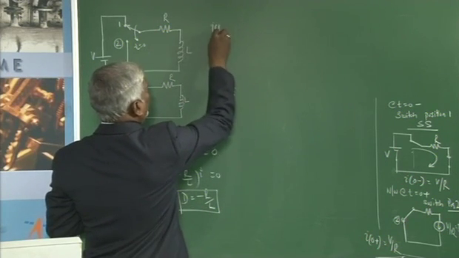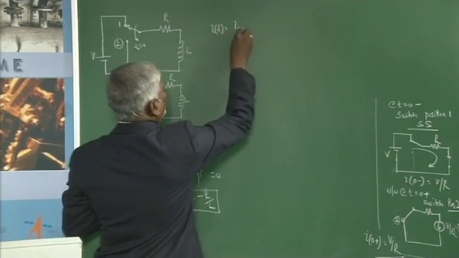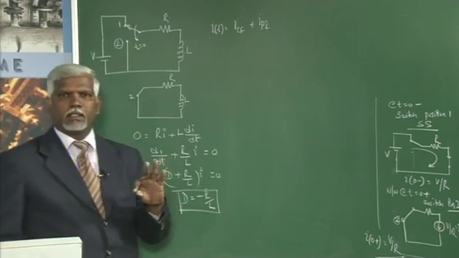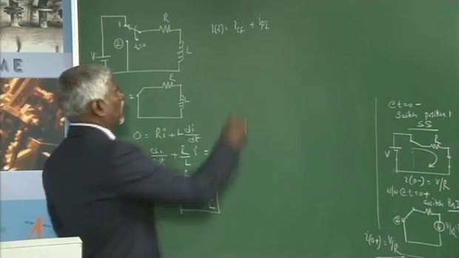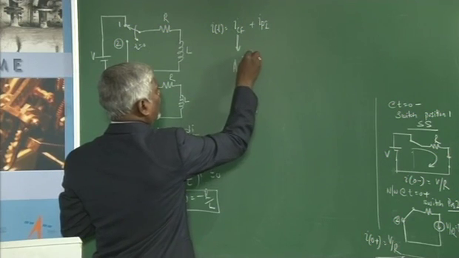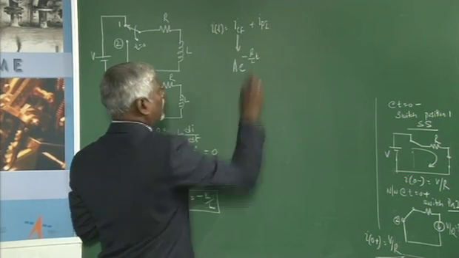So, I of t will have the complementary function plus the particular integral. Here there is a small change: the complementary function of current will be an arbitrary constant A into e to the power of minus R by L into t.